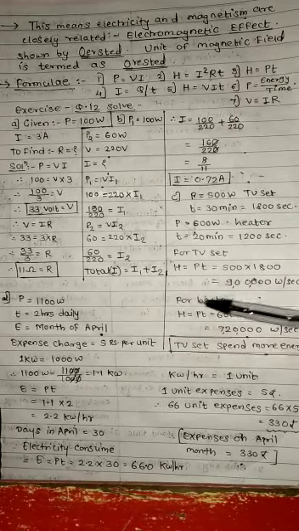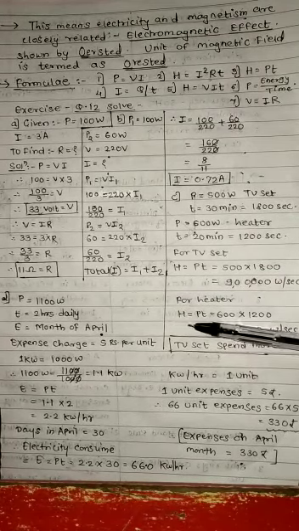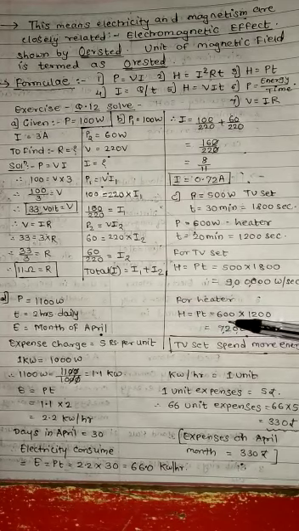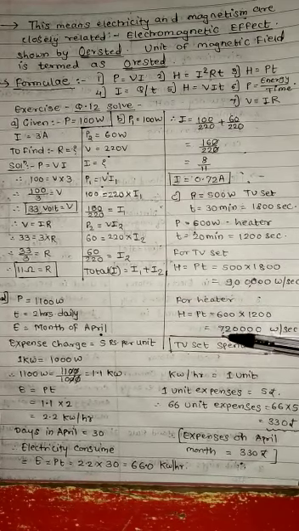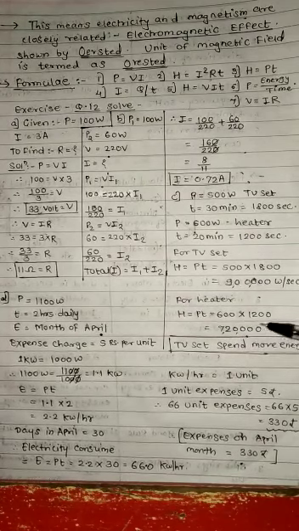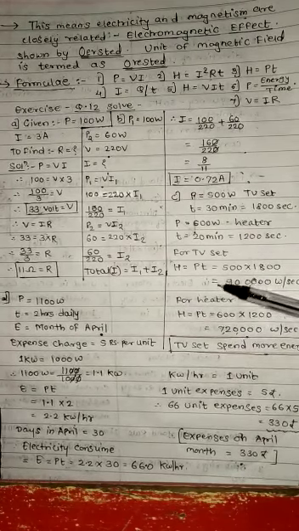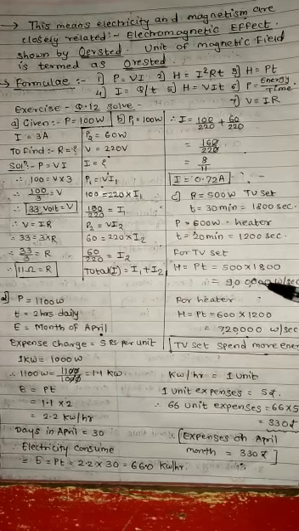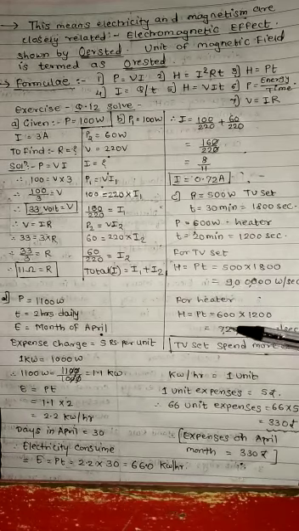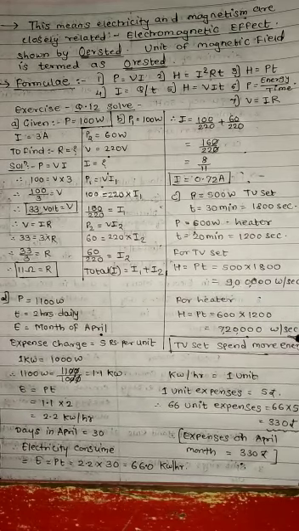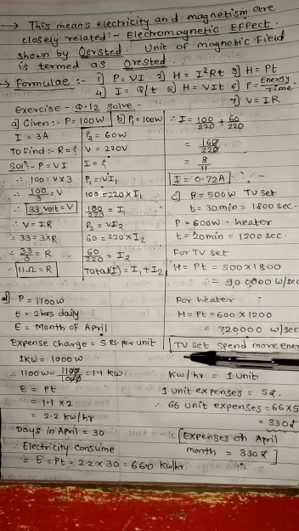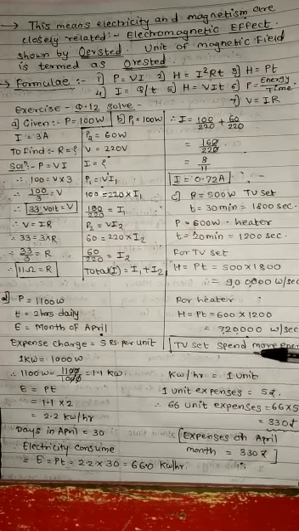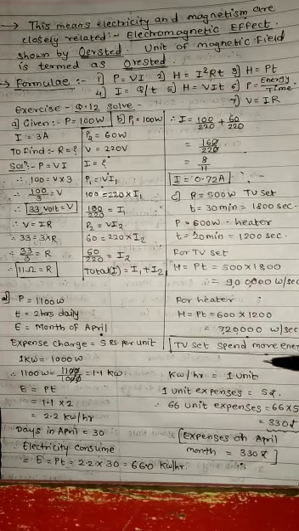For the heater, again you use the same formula, H is equal to PT, that is 600 into 1200 seconds, 7,20,000 watt second. For TV it is 9 lakh and here 7,20,000 watt second. So which one spends more electric energy? The TV set spends more energy, more electricity.